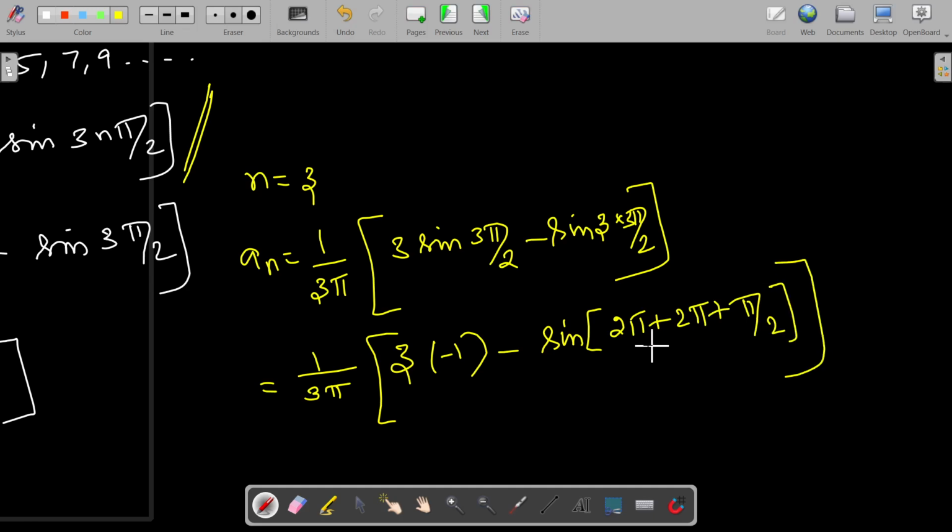So 2 pi plus 2 pi plus pi by 2, you are again getting pi by 2. So it is only sine pi by 2. So what is the sine 90 value?